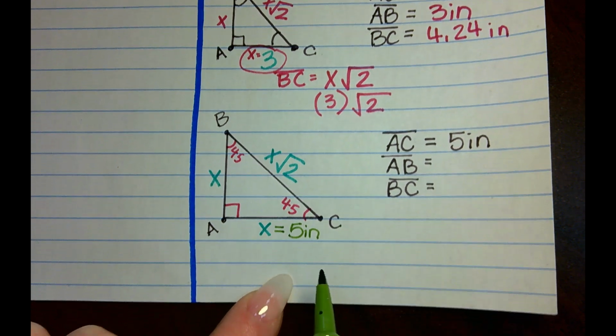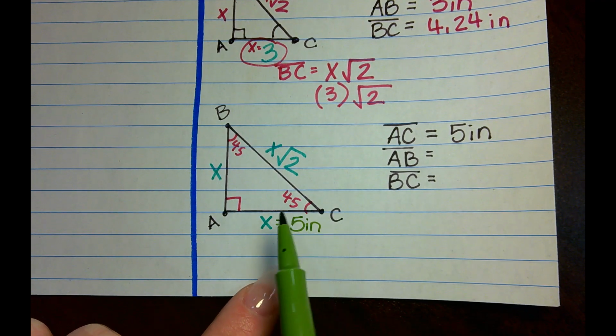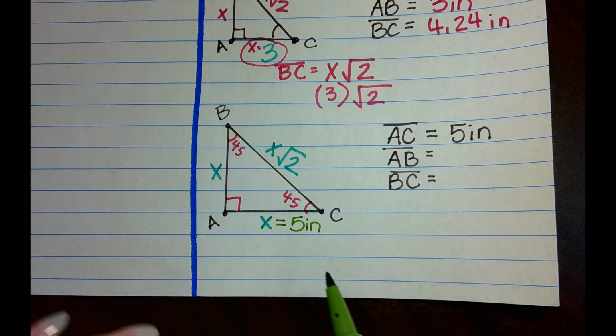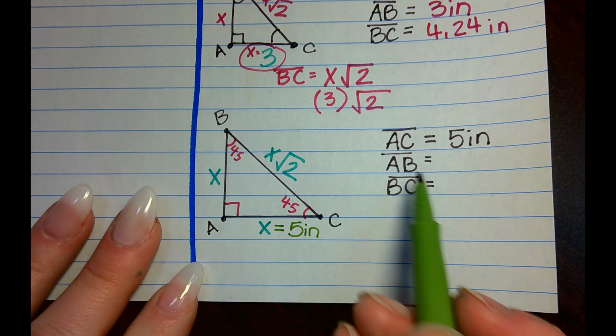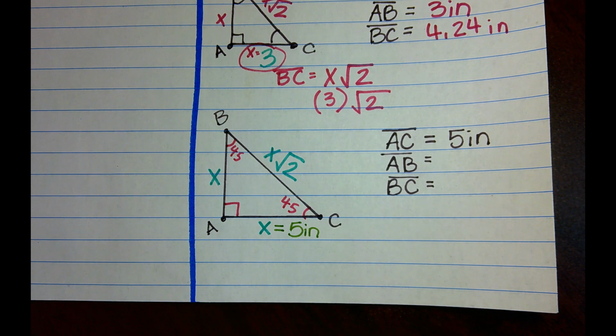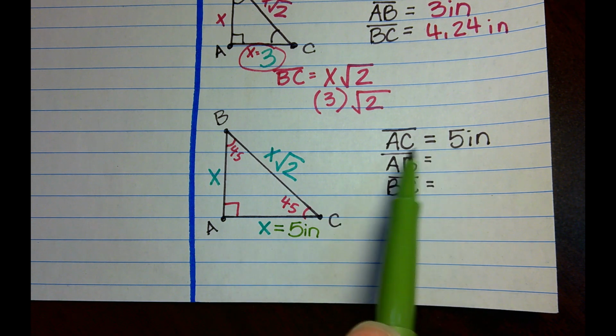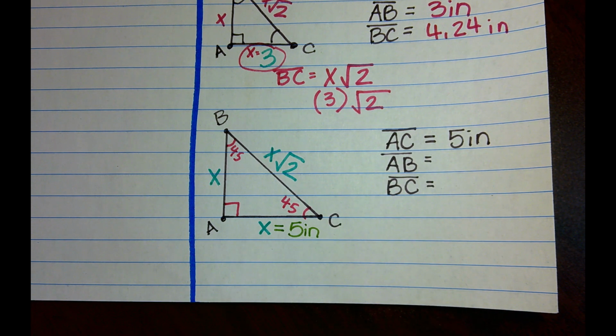Do you see where we got that from? Yes. Okay. I have a question. Where did the 5 come from? I just gave it to you. It was just the given value I wrote. So we didn't have to find that. I just told you. So I know AC is x, AC is 5, so x is 5.